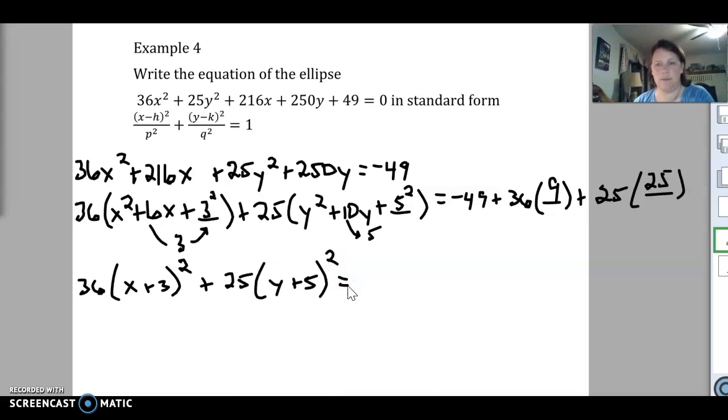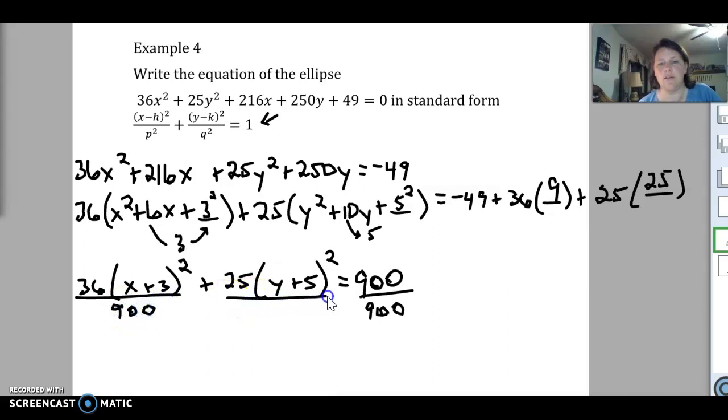I'm going to pause this because I did not calculate that right hand side yet. Okay, so all of that on the right hand side equaled 900. Now, what we want is for it to be in this format. The format up here, very important part, is that the right hand side equals 1. So when we've finished completing the square, now we need to get it in standard form. So we are going to divide every term by 900.